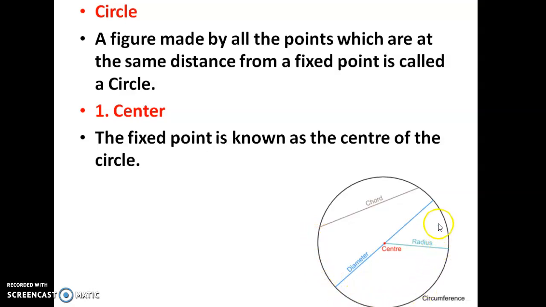If a line is made of an infinite number of points, similarly the circle is made up of so many points joined together, and all the points are at a fixed distance from the center. Wherever you measure the distance between the center and the edge of the circle, it will be of the same length. That fixed point is called the center.